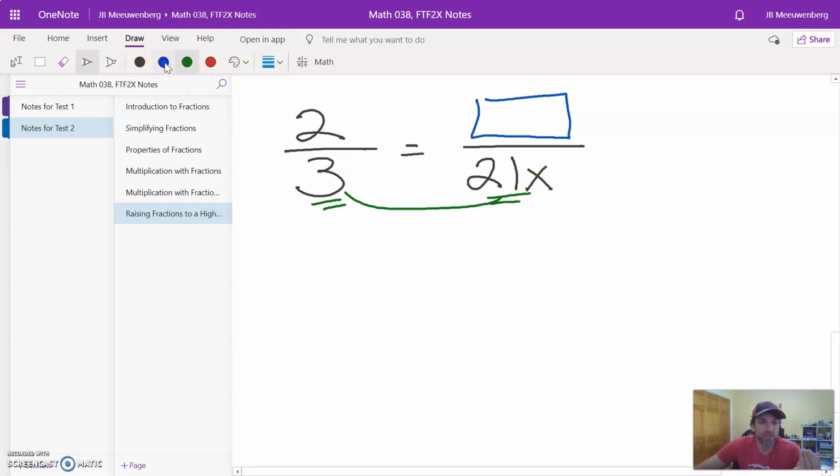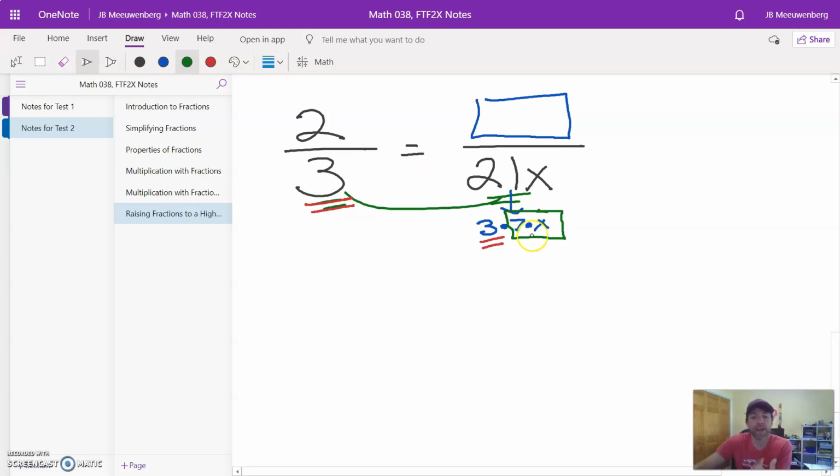In fact, I'm going to show you another way to even think about it. And it all goes back to those prime factorizations. 21x means 3 times 7 times x, right? Those are all the building blocks of 21x. So if we started with 3, and now we have 3 times 7 times x, you'll notice that these two factors are new.